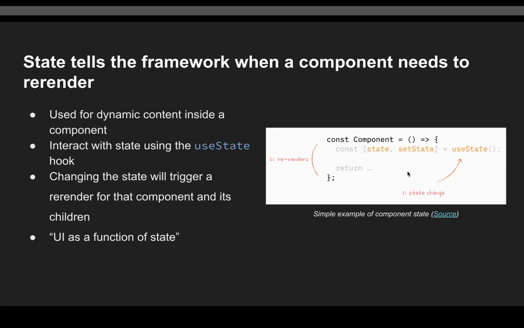That's why it's dynamic in nature. Anytime any value of state changes, it will re-render essentially HTML based on that new value of the state. And that's really the power of why state is so cool and important.